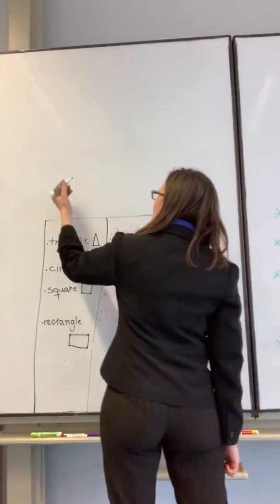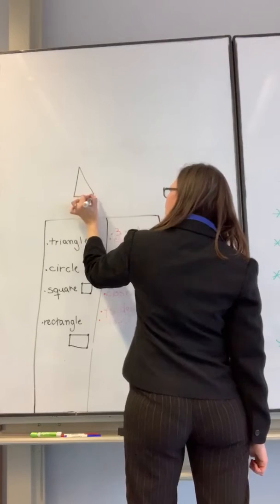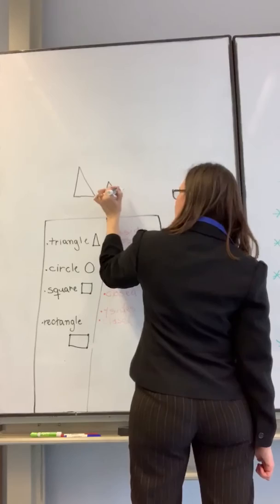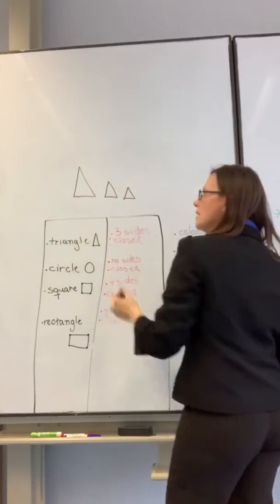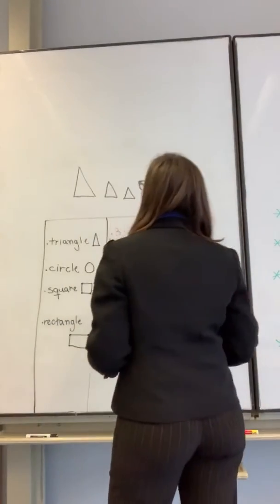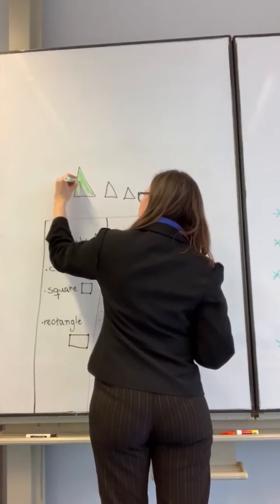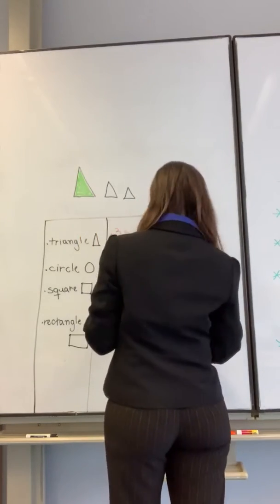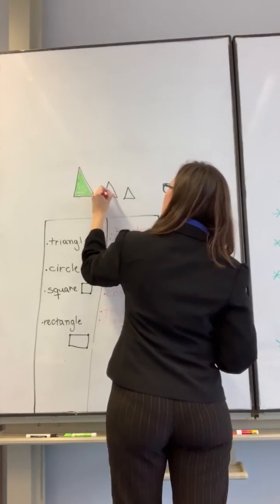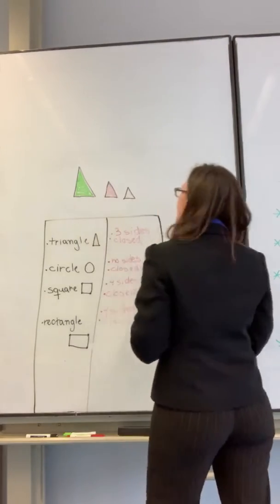Oh, we're gonna use a triangle. So the triangle will have the 3 sides. However, it can have very different sizes, and it can also vary in color. One can be green, one can be red, and one could be blue.